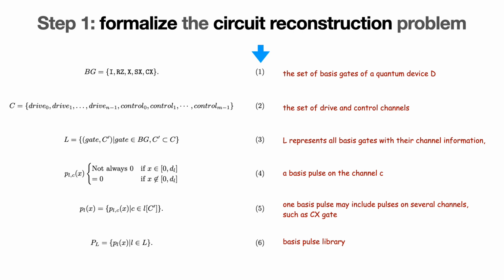Starting from a quantum device D, we specify the set of basis gates, model the set of drive and control channels, capture their channel information as labels, and characterize a basis pulse on a channel C. A basis pulse may include pulses on several channels, such as CX gates. They all constitute a basis pulse library.